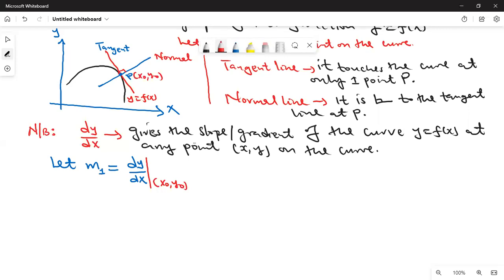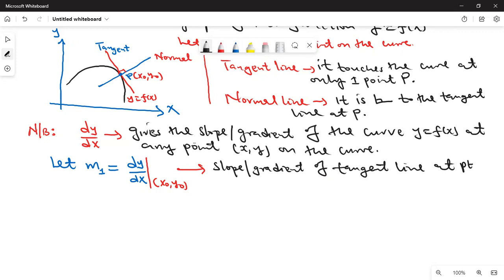And this will be the slope or gradient of the tangent line at point P. So that's how you find the slope of the tangent line at that particular point P.